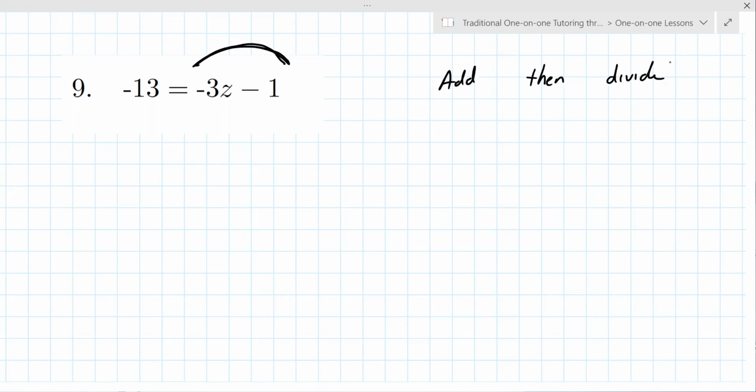So for this one, that would be... Wait. Oh, I'm doing the opposite way. Equal signs there.